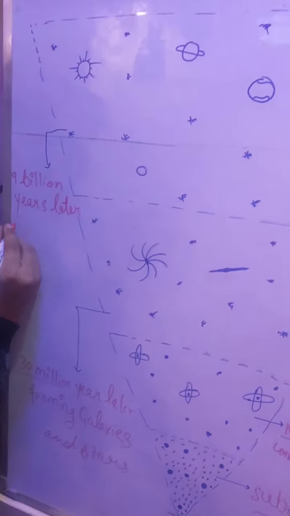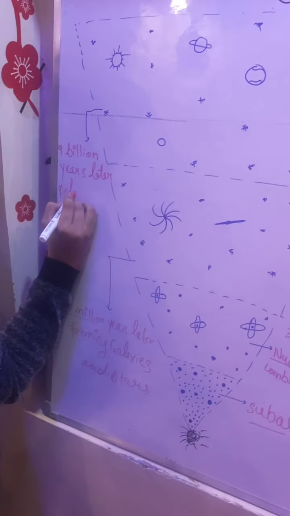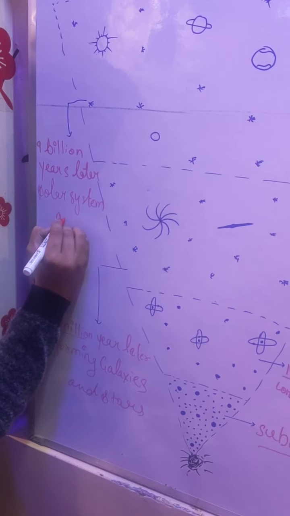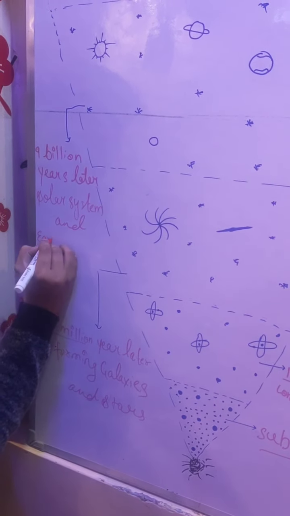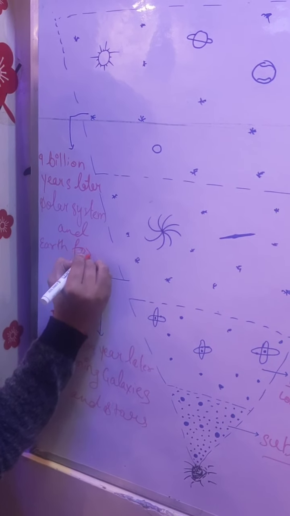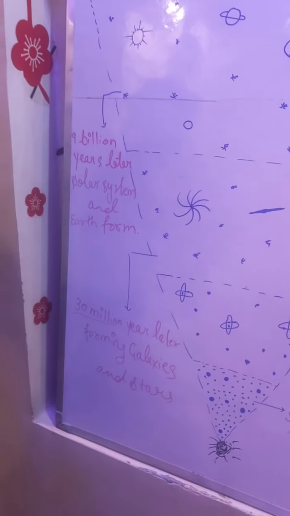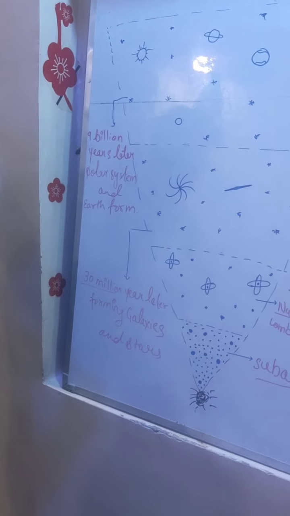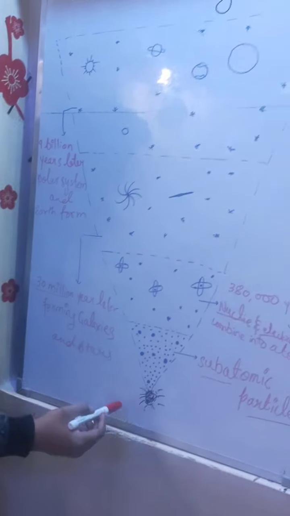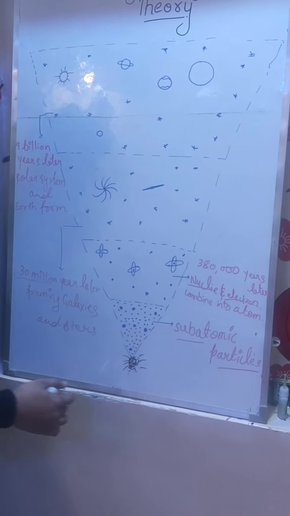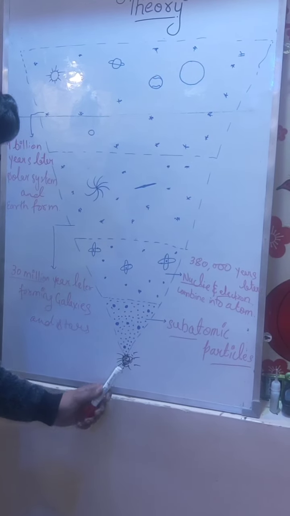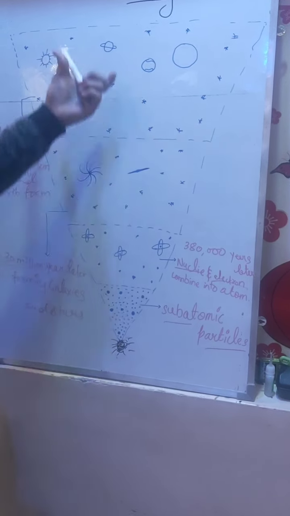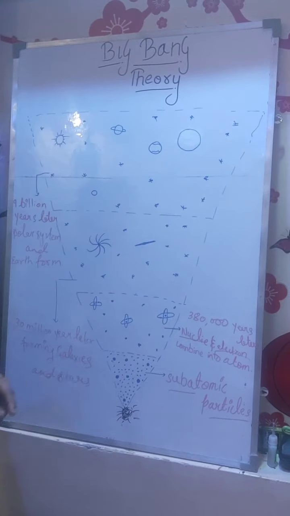Your solar system and Earth formed. Okay, after 9 billion years the solar system and Earth formed. This is the basic structure of how the Big Bang theory starts. And how it converts from a point into the solar system, and how much it expands, we still don't know.